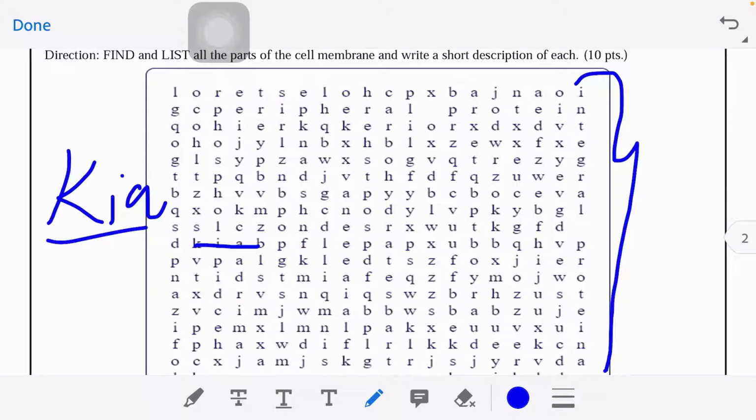So, find and list. You have the list. Then next. That's it.